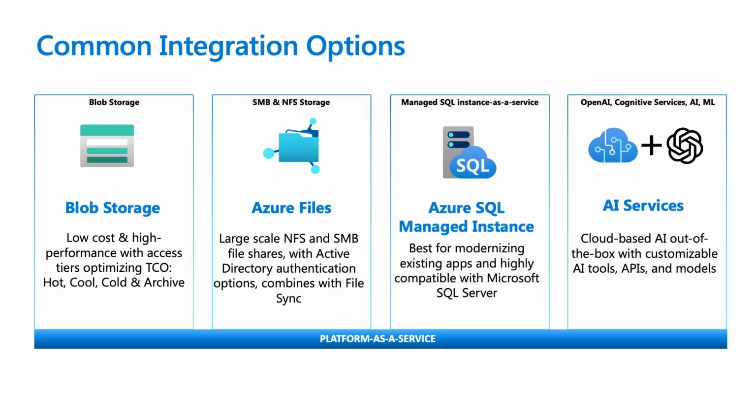On the right-hand side, we have some additional options that we're showing here. I mentioned previously the idea of a database expansion. So this is the idea of Azure SQL Managed Instance, where customers say, hey, great, I've got things in AVS now, what next? I want to leverage some more modern technologies or PaaS-based services.